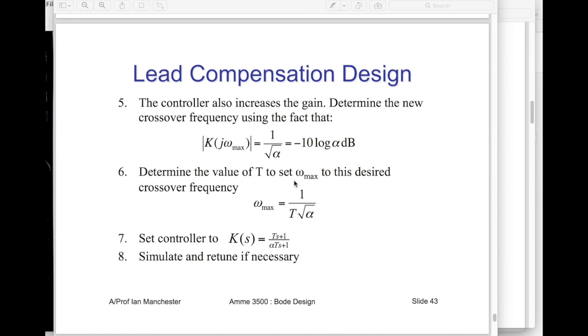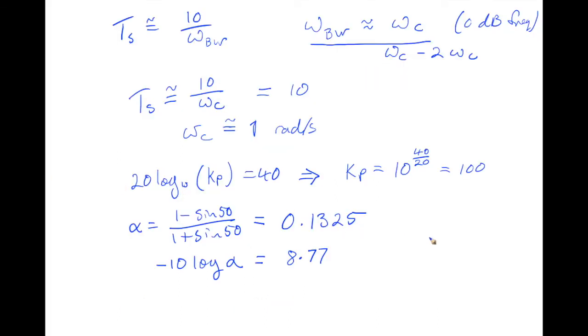And so we've got another parameter for the lead controller, which is T. We can use the fact that omega max for a lead controller is 1 over T square root of alpha. So if omega max equals 1 over T square root alpha, and we know alpha and omega max, we can then say T equals 1 over omega max square root alpha.